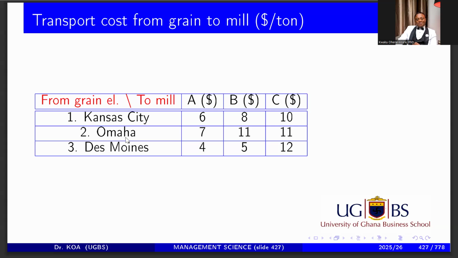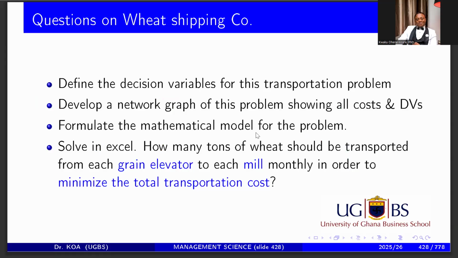Now, when it comes to Omaha, Omaha is costing us $7 to go to Chicago and $11 each to go to St. Louis and Cincinnati. And the same can be said of Des Moines. First question is to define the decision variables for this transportation problem.